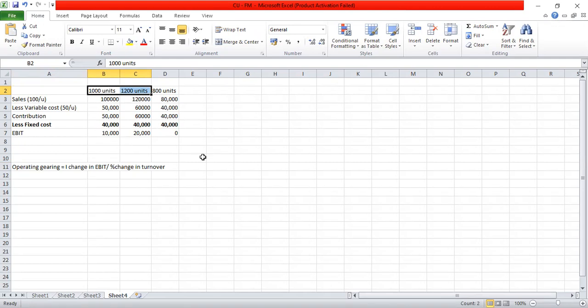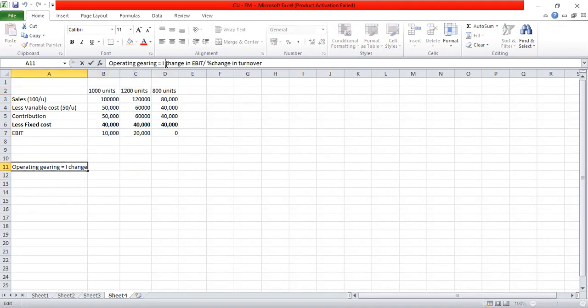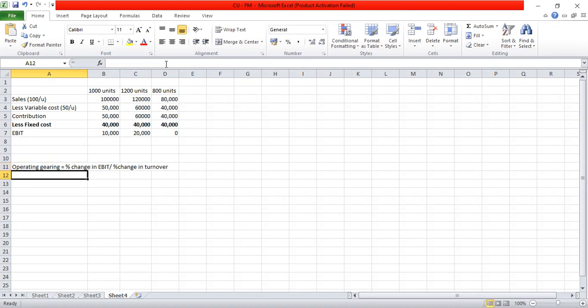So if we are calculating percentage change in turnover, this is 1200 divided by 1000.